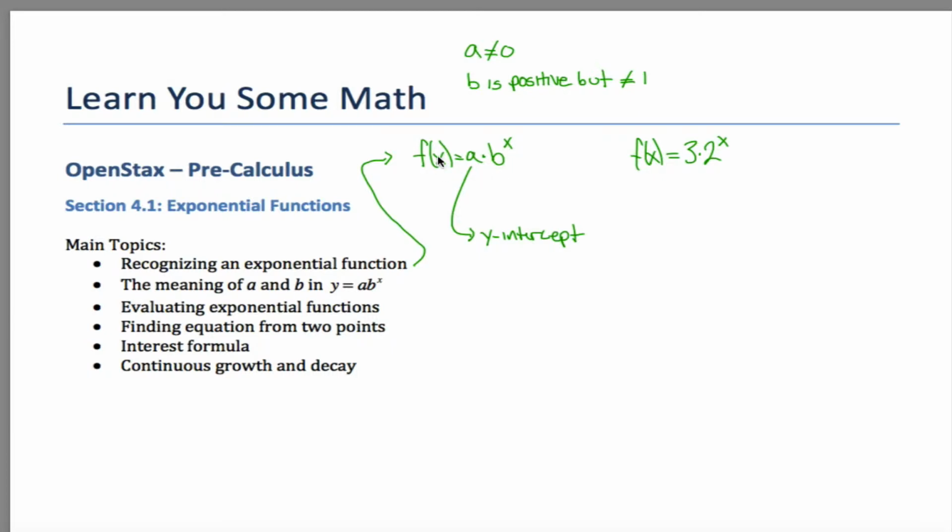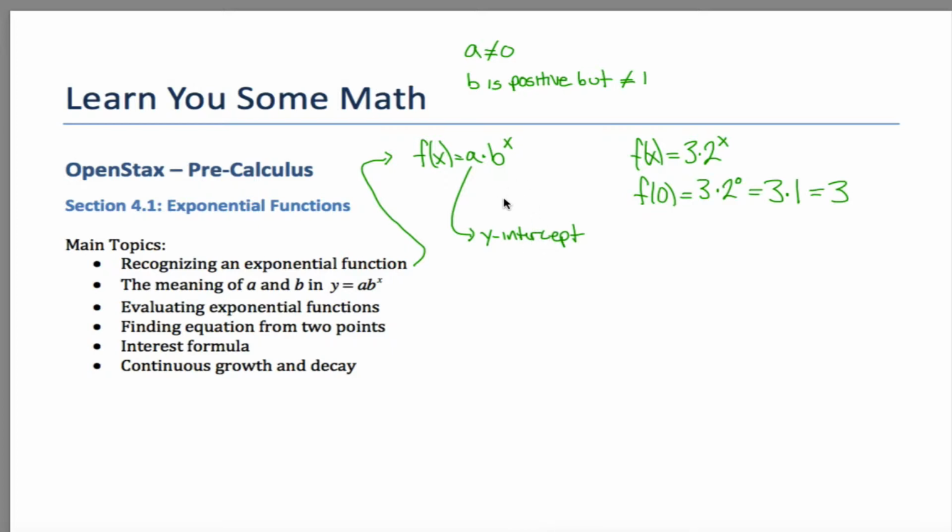If I put 0 into this function and figure out f of 0, that'd be 3 times 2 to the 0 power. But 2 to the 0 power is just 1, so I just get 3. So when I put 0 in, 3 comes out, and there's nothing special about the 3. When I put 0 in, whatever number is written right here will come out. That number is represented by the letter a, so the letter a is my y-intercept.